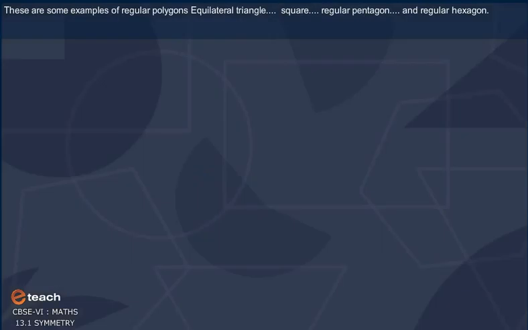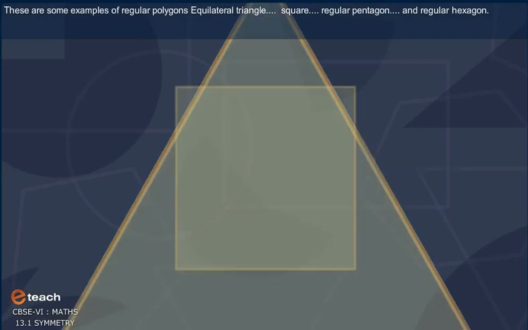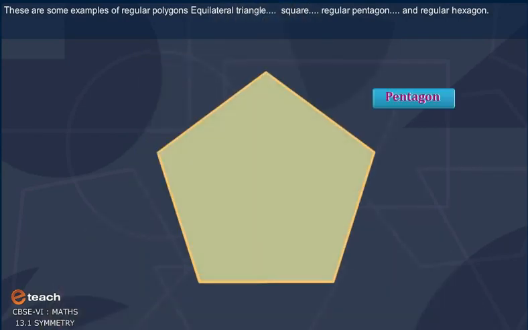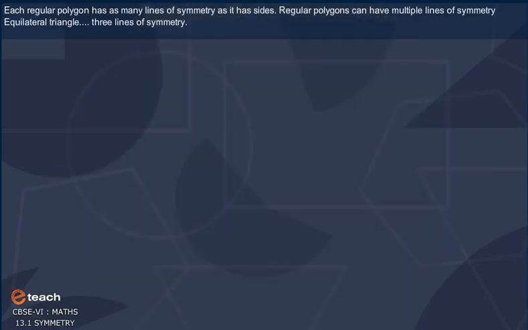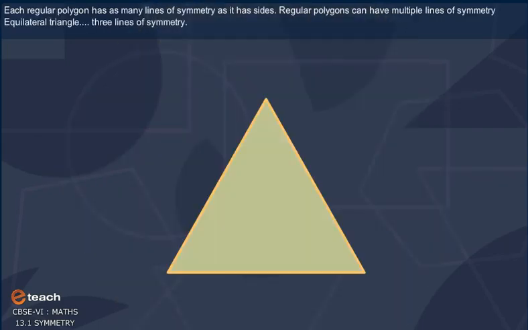These are some examples of regular polygons: equilateral triangle, square, regular pentagon, and regular hexagon. Each regular polygon has as many lines of symmetry as it has sides. Regular polygons can have multiple lines of symmetry.